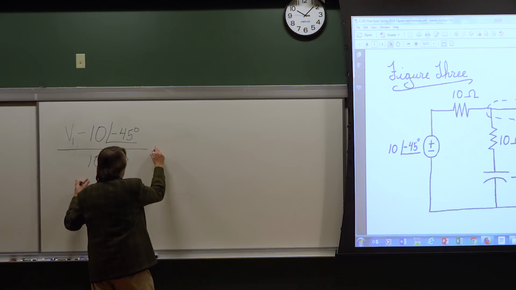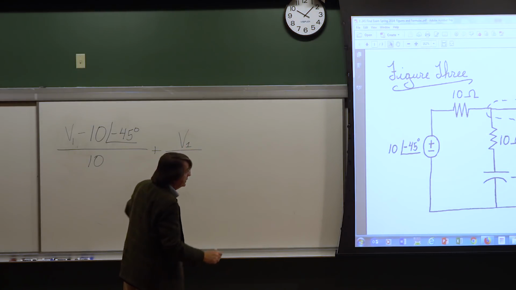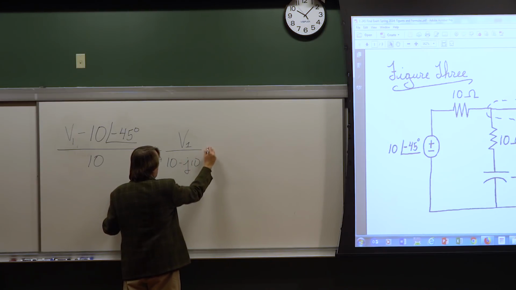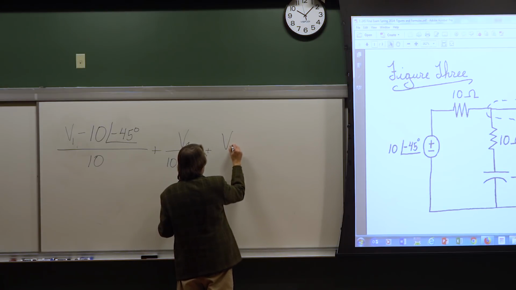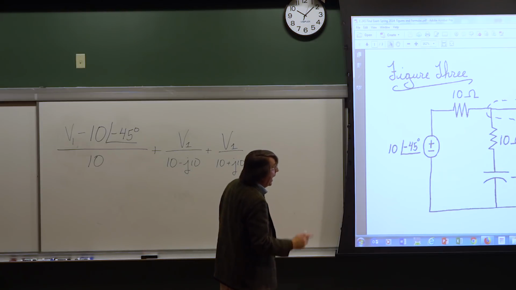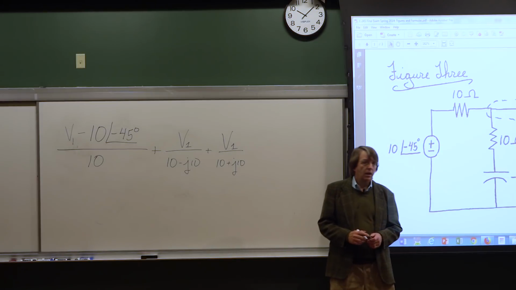Plus, just keep going. V1 over 10 minus J10 plus V1 over 10 plus J10. And now, how do I handle that current, my colleagues?